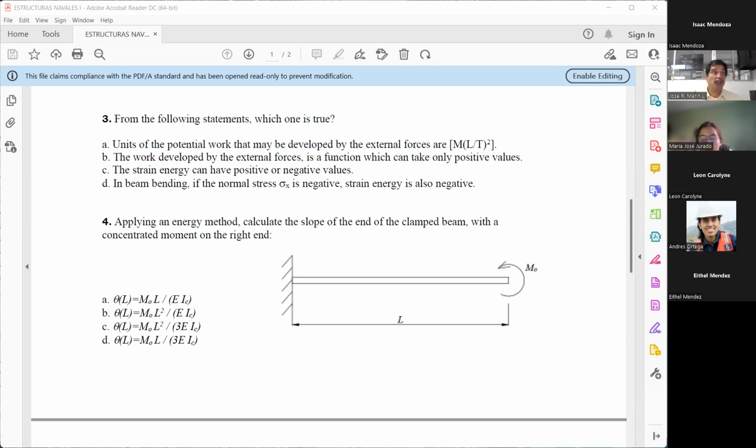EI, the second derivative. No, remember, this is a determinate case. We're talking about equilibrium only. The second derivative is the moment, it is p of x. Exactly. It's equal to p of x. How much is p of x in this case?